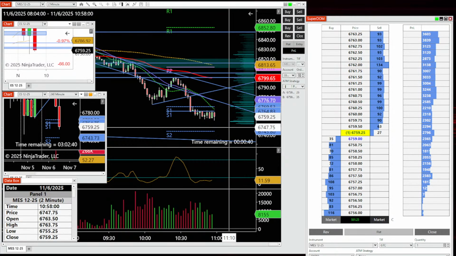A lower low and a bounce. Hang around 60, over under 60.